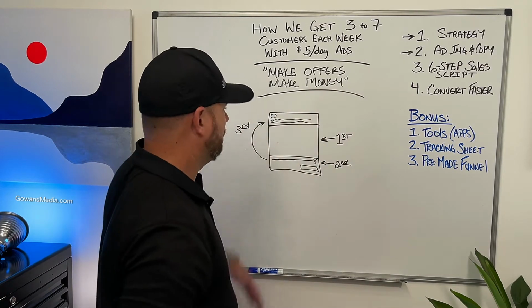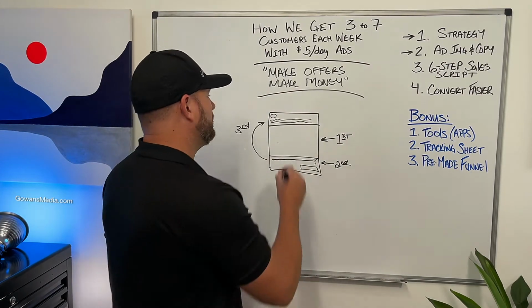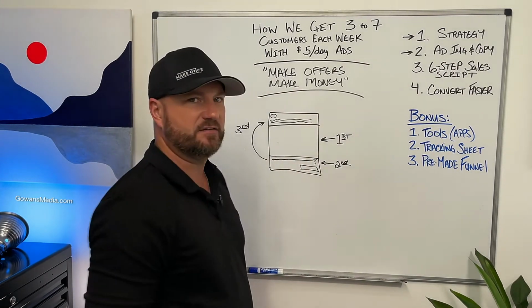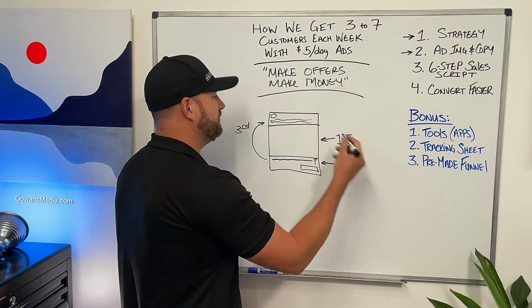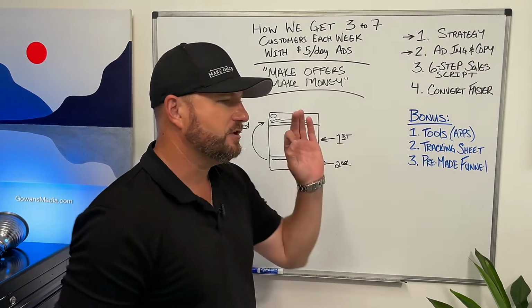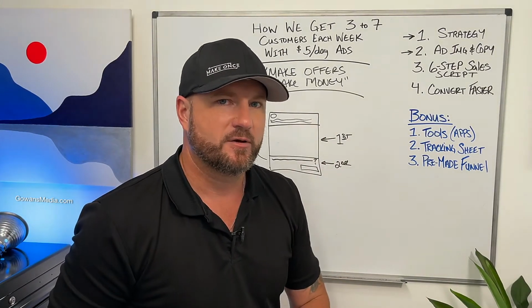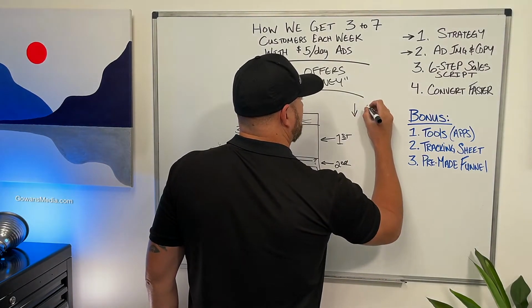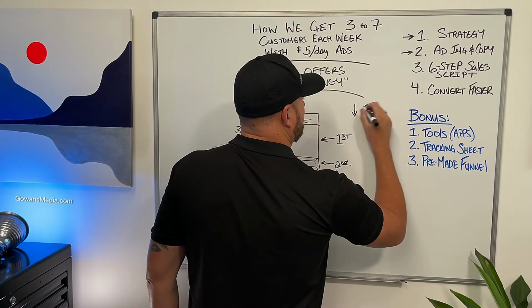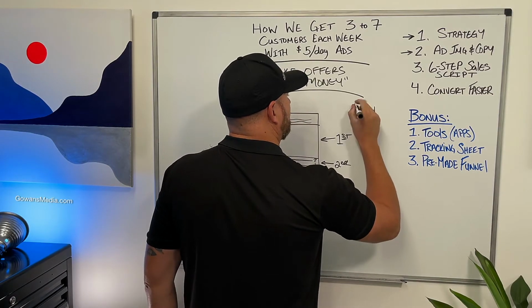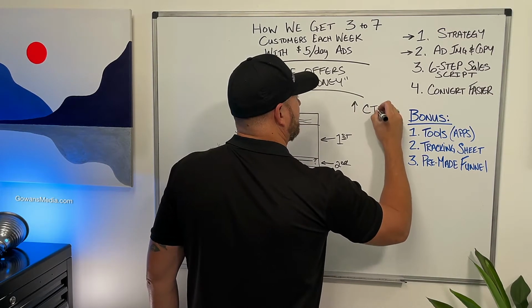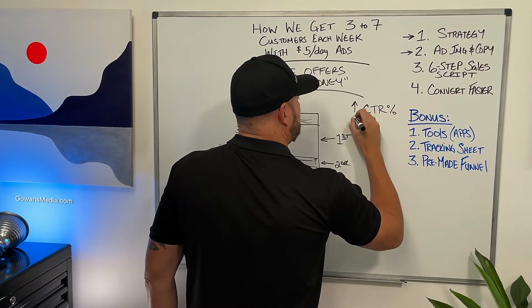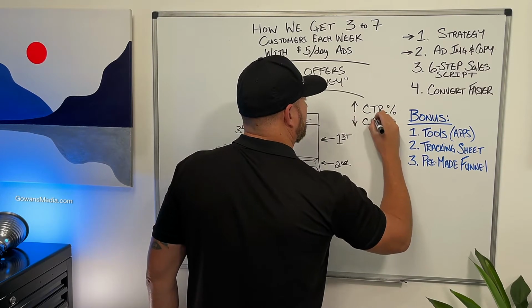So if we're getting somebody scrolling through, we want to put something in here by stereotyping them. It's some sort of image or video that only your person would look at. When you do this correctly, it increases your click-through rate, which decreases your cost per click.